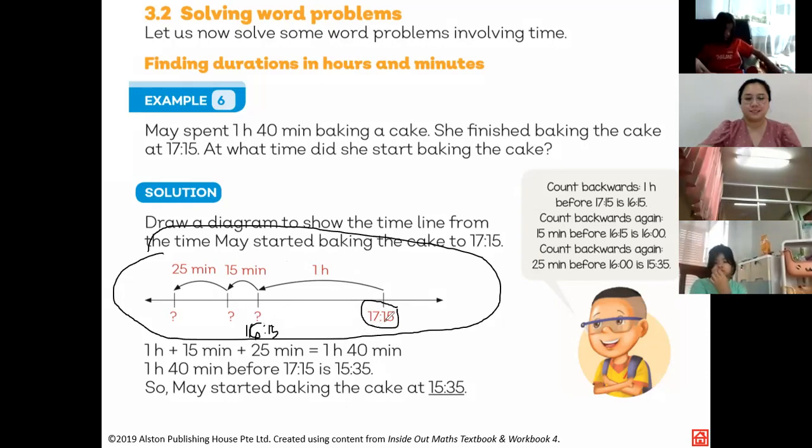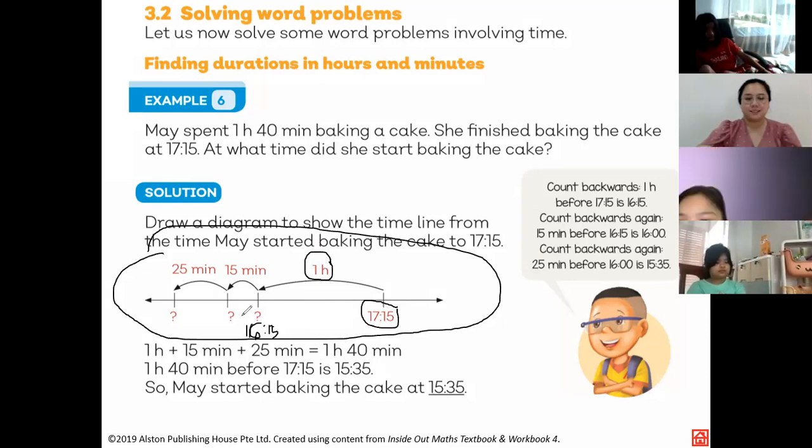Again, from 17:15 to 16:15 is 1 hour. Okay, and then we have to count backwards again for 15 minutes. So from 16:15, count backwards 15 minutes.